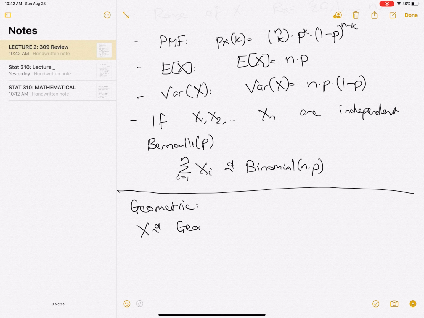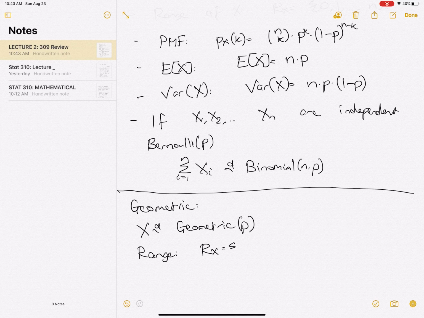Okay, so remember that the geometric random variable measures the number of failures until the first success. Once again, there's only one parameter of interest here, which is p, the probability of success. Just like I've done before, let's think about the range, the different values this can take.